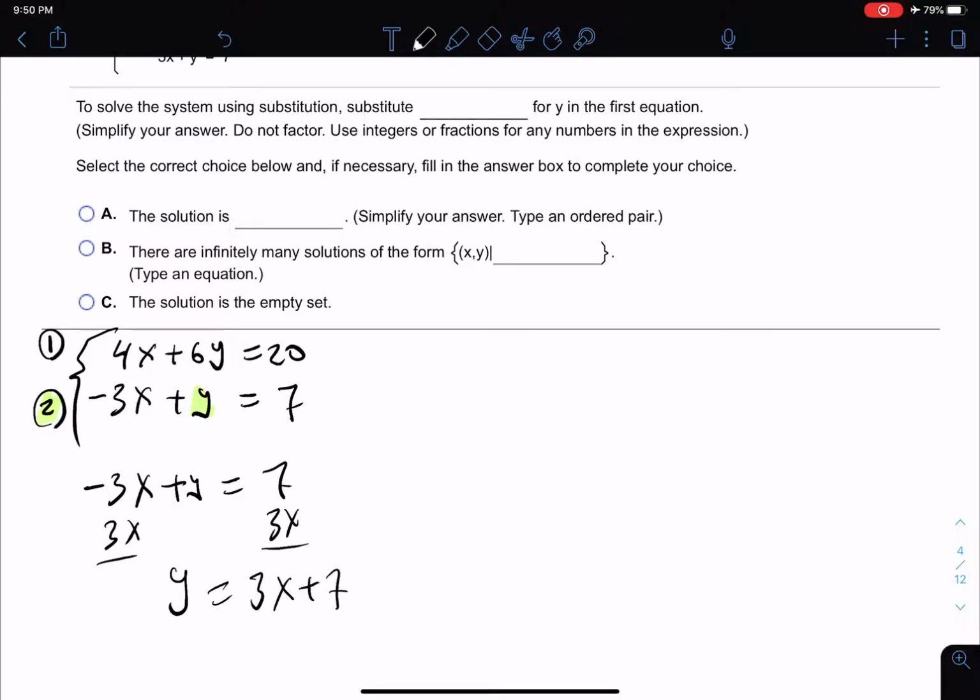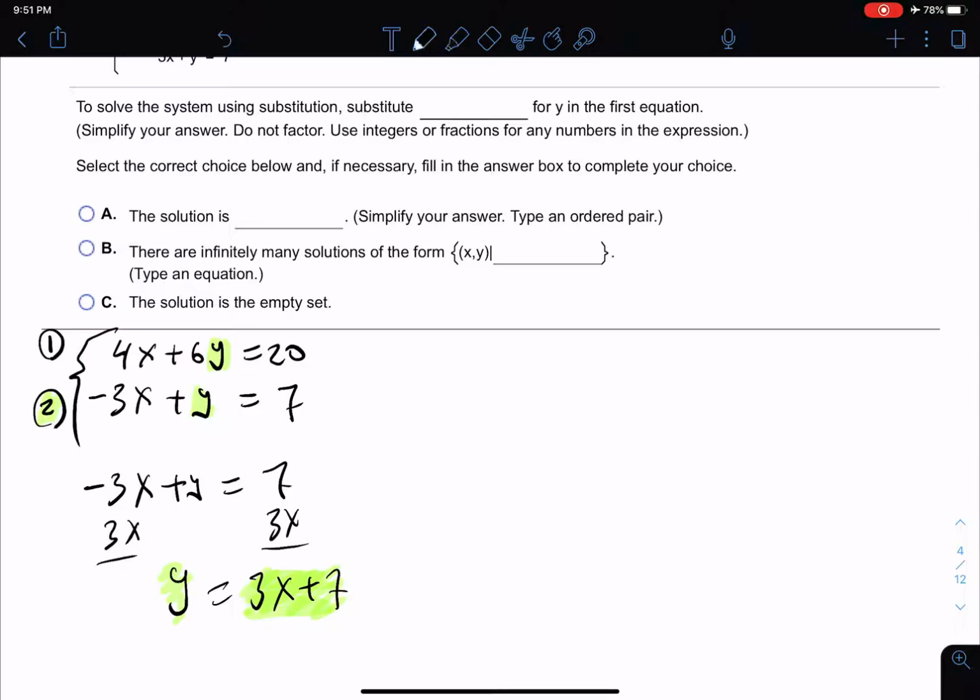So essentially what I'm going to do is, well, if y is the same as 3x plus 7, now don't put this back into the same equation you're working. Notice where our work comes from, equation number 2. You must substitute into the other equation that you didn't use, which, if we know that y is the same as 3x plus 7, well, then we're going to replace that y with 3x plus 7.